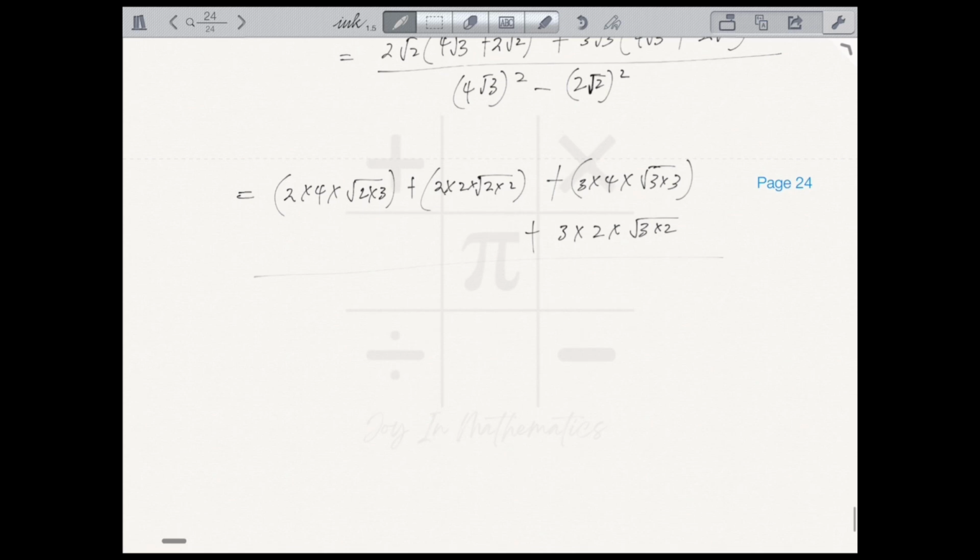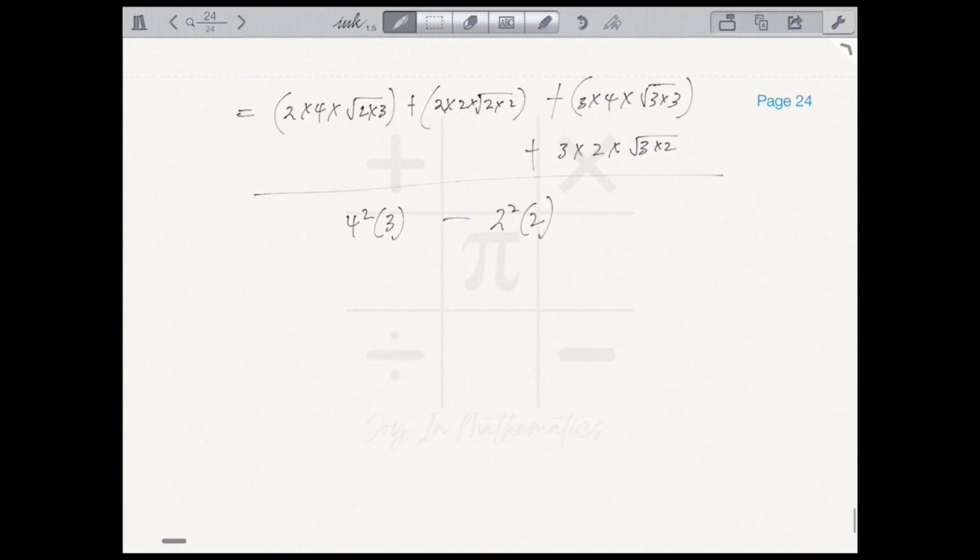Now all will be divided by the square of this, and we apply the law of indices just like we've done before. So this will give us 4 squared multiplied by 3, and likewise 2 squared multiplied by 2. So the numerator is simplified to give us 8 root 6 plus 4 root 4 plus 12 root 9.